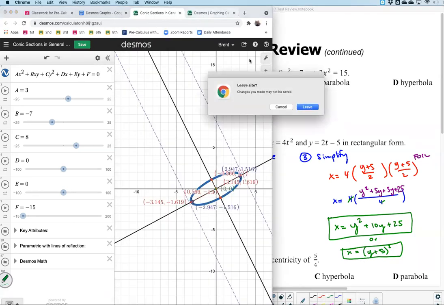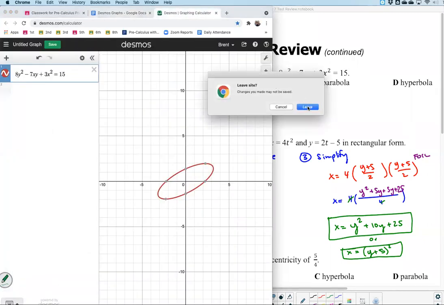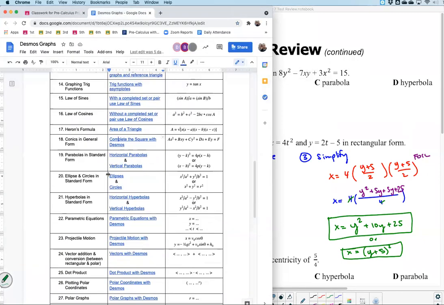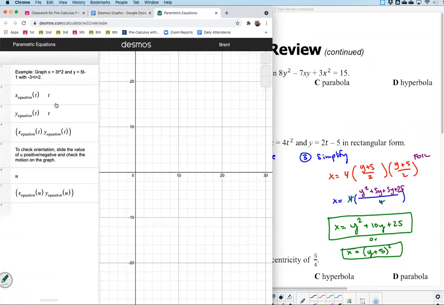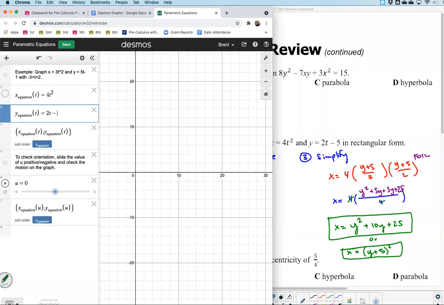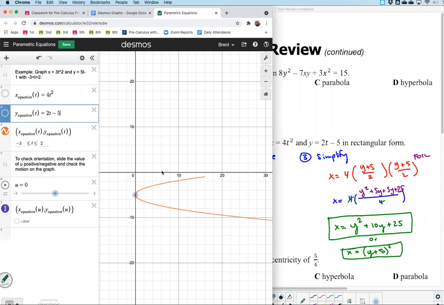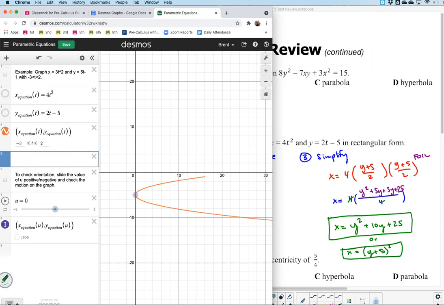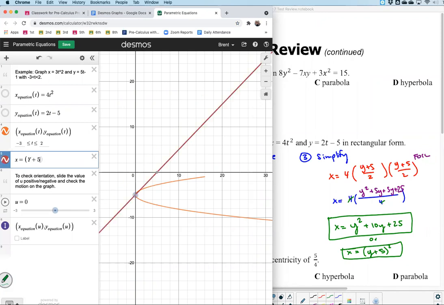Yes. So now that I do that, let me show you the graph. Parametric equations: it was x equals 4t squared, y equals 2t minus 5. So they gave us this looking graph. You type in the answer choices, no matter how I give them to you, whether I say it's x equals y plus 5 quantity squared.